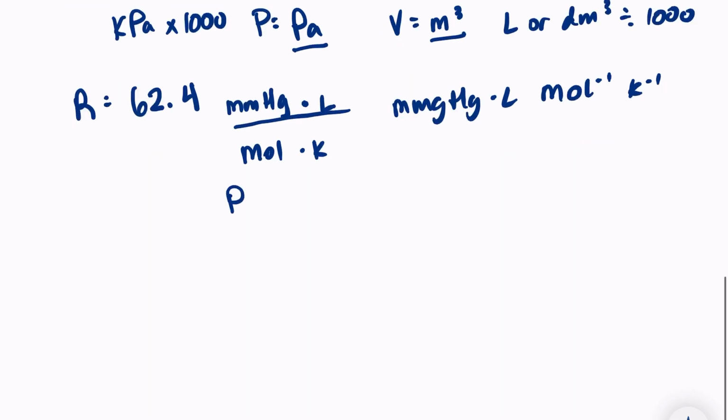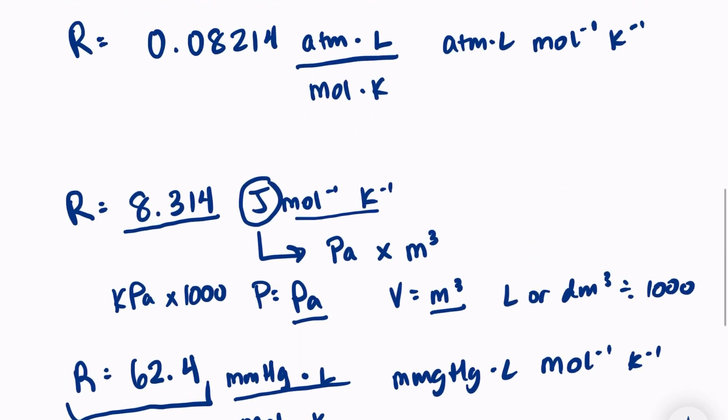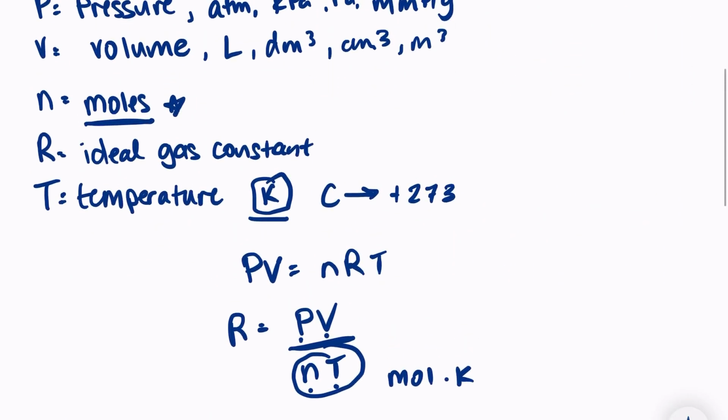So pressure here has to be in millimeters of mercury, volume needs to be in liters, and then amount, of course, is in moles, and temperature is in Kelvin. So if you're given millimeters of mercury to work with as your pressure, you should choose to use this ideal gas constant.